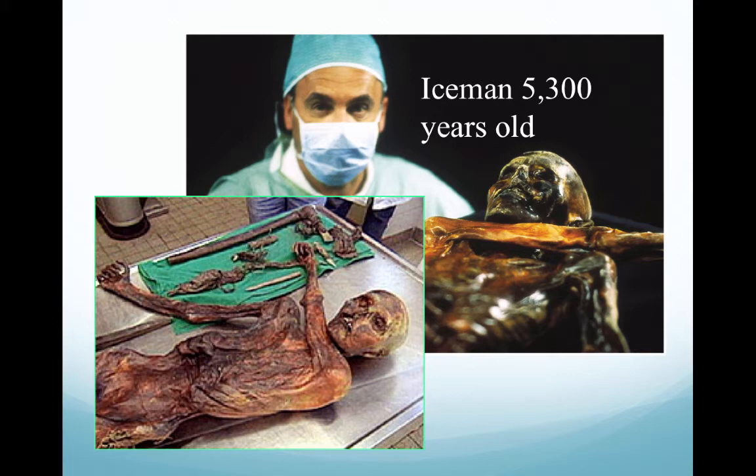So one interesting thing that scientists were able to find about these people is that they had some of these mummies very, very well preserved, and they were able to isolate hair fragments or hair tufts that still had viable DNA associated with them.